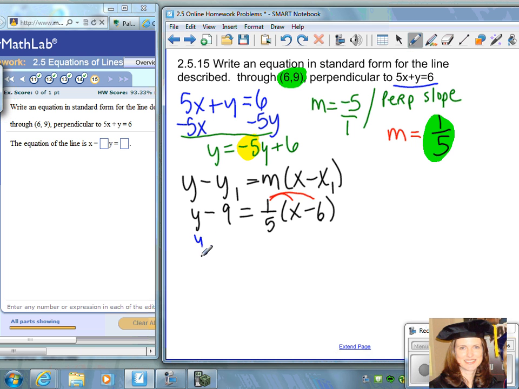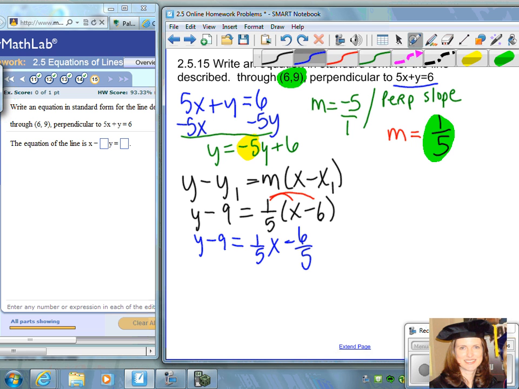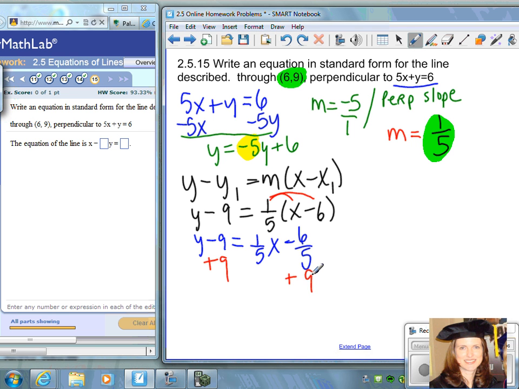We get y minus 9 equals 1 over 5 x minus 6 over 5, which is 1/5 times negative 6.